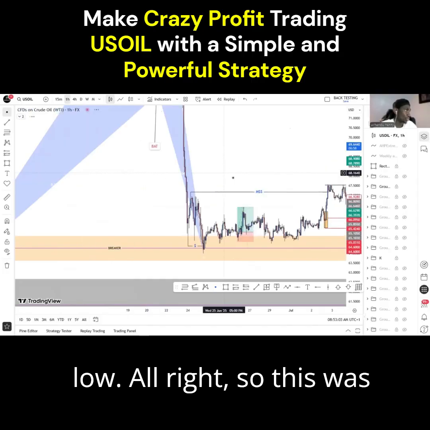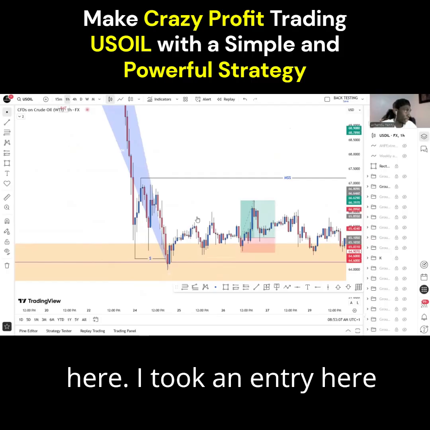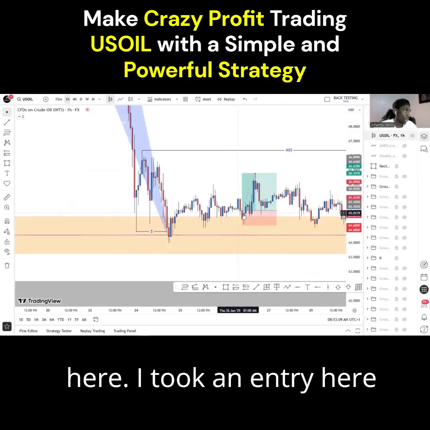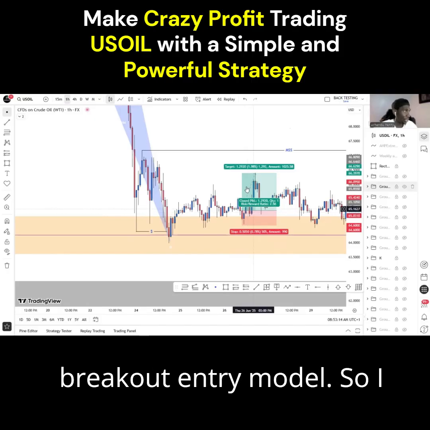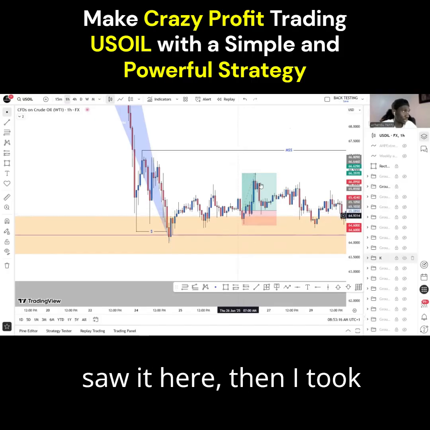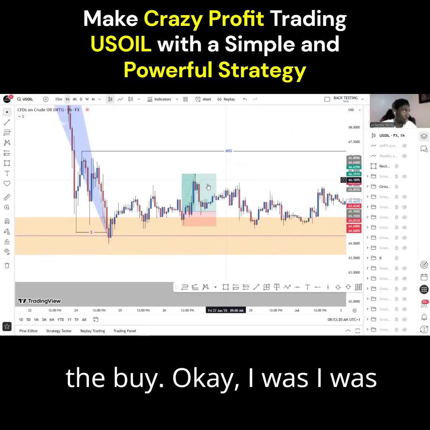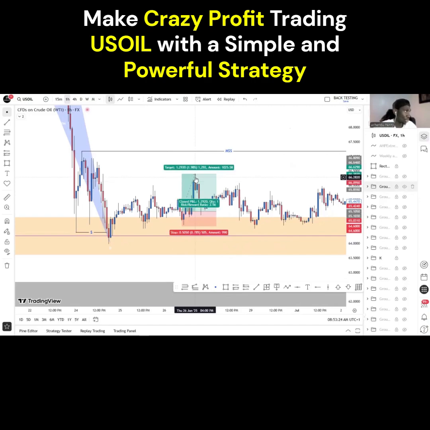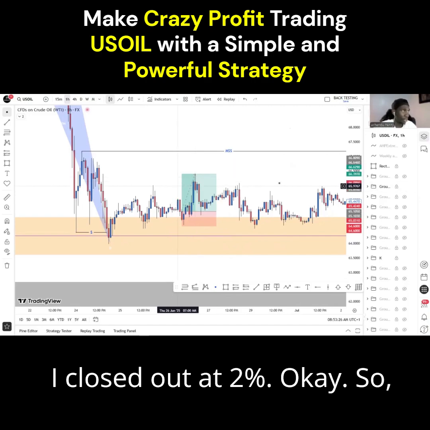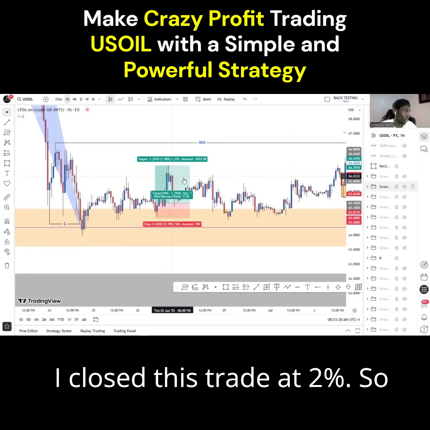So this was the high, and I was waiting for price to do that. But before then, I saw something here. I took an entry here based on the RCC bearish breakout entry model. So I saw it here, then I took the buy. I was hoping to hold, but then I closed out at 2%. Because this high had not been taken out, I closed this trade at 2%.